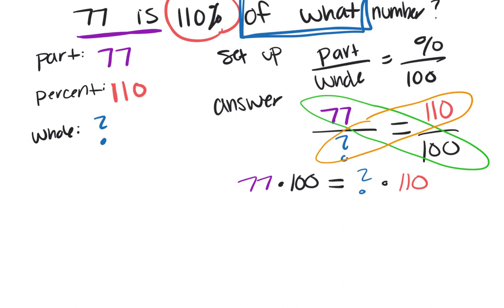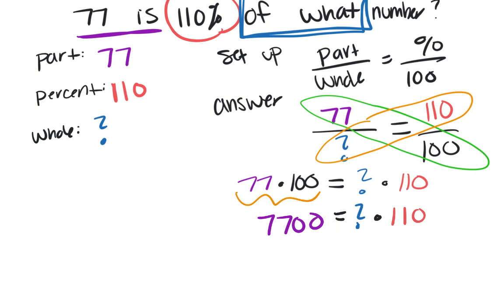And I know how to multiply 77 times 100. So when I do that multiplication, we get 7,700. Then I'm going to leave the other side alone. I don't know what question mark times 110 is. And I only like to do one step at a time, so I'm going to leave it that way.